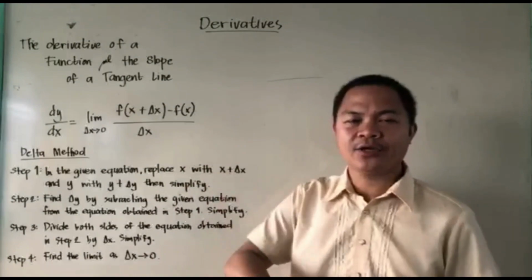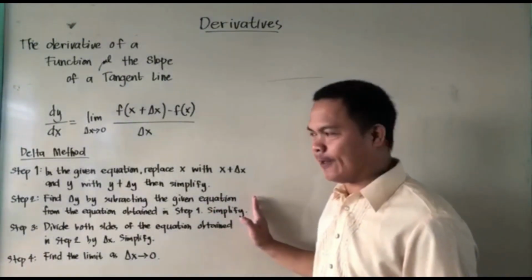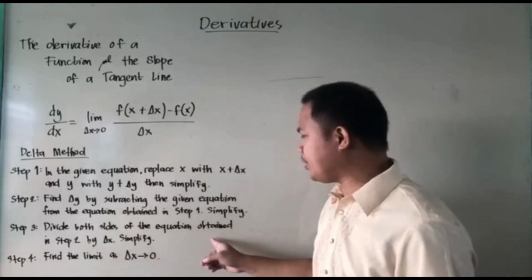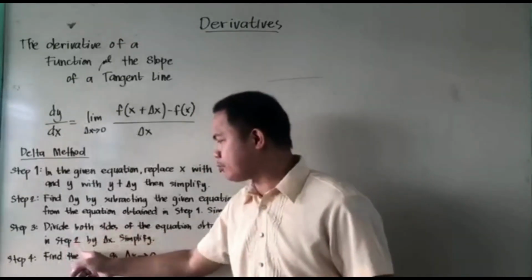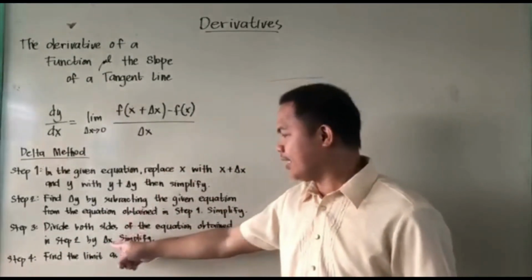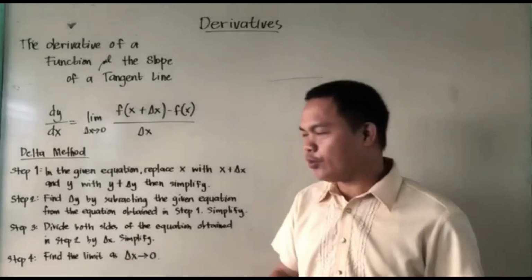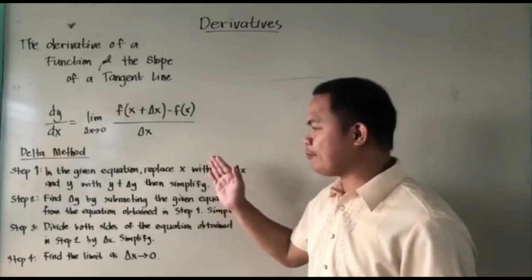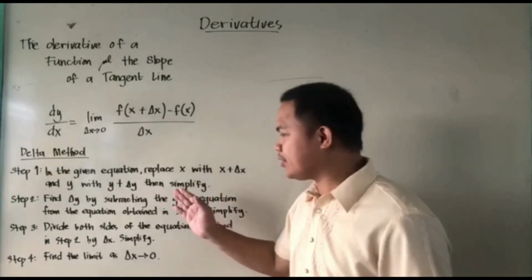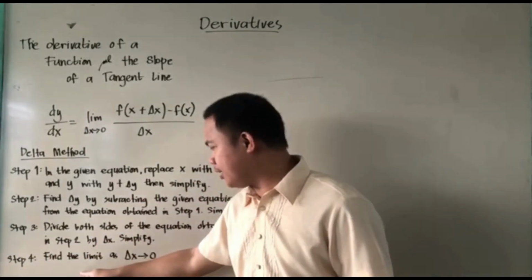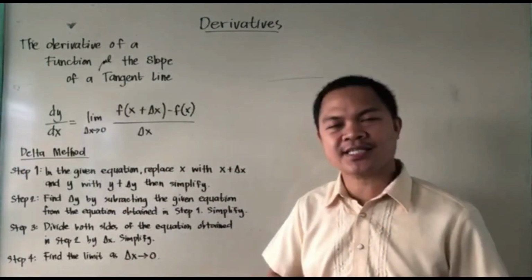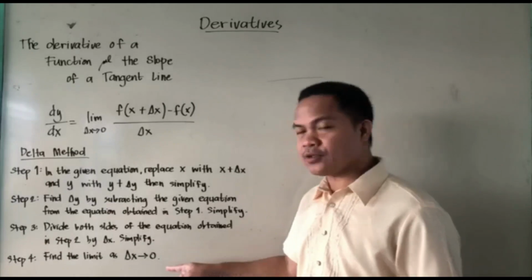And after that, we have to simplify again. For step 3, divide both sides of the equation obtained in step 2 by delta x. Then again, we have to simplify. Then after steps 1, 2, and 3, we're going to find the limit of a given function as delta x approaches 0.